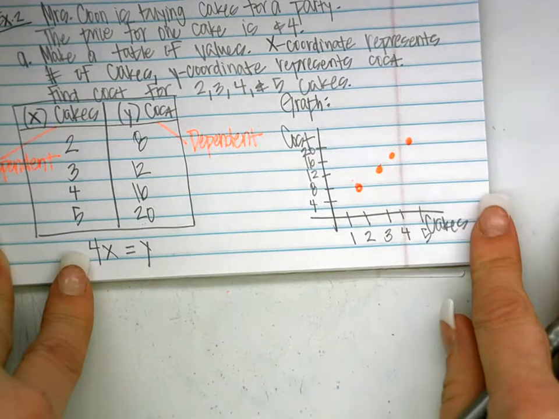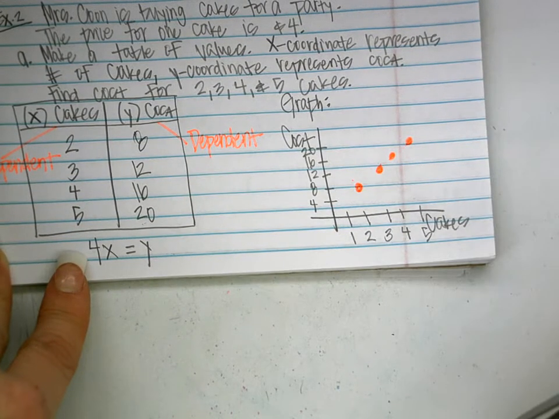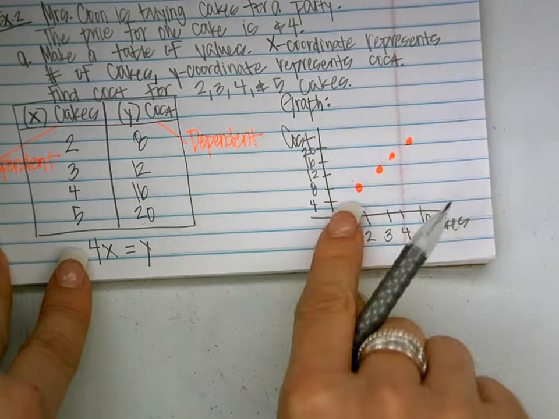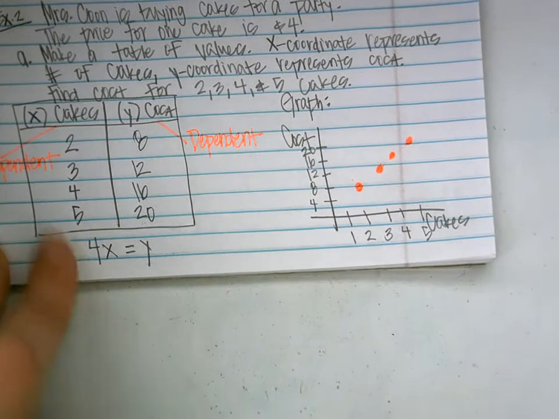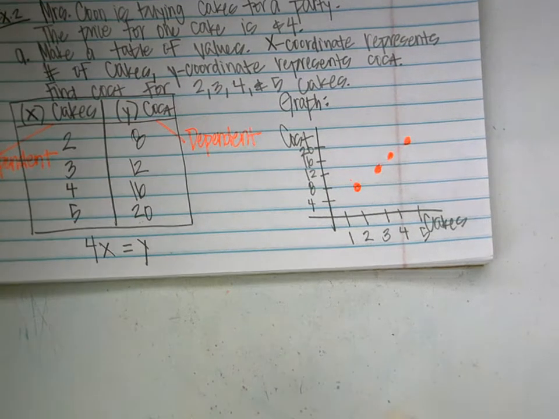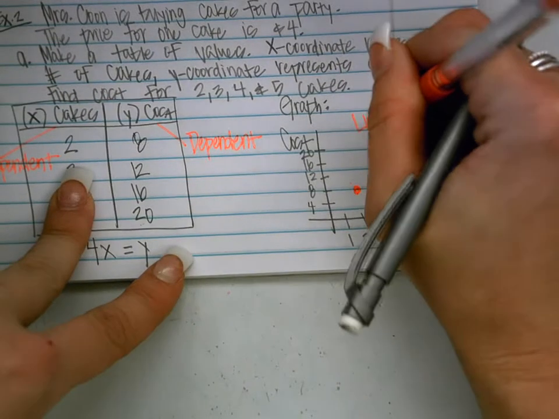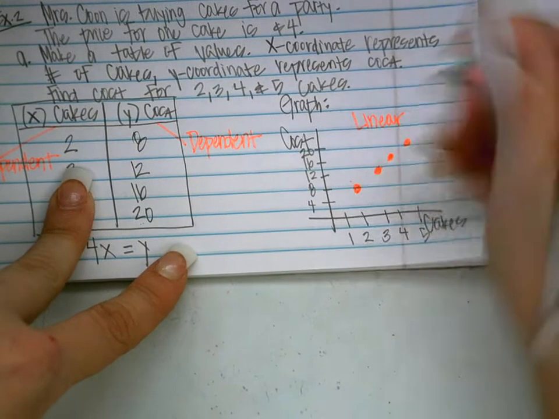What kind of relationship would you say these have? If I connected these, what would it look like? What shape would they be going in? Would they be going in a circle? A straight line. Okay, so this has a linear relationship.